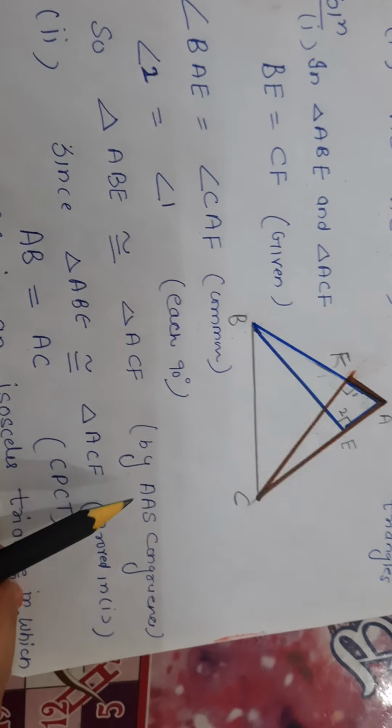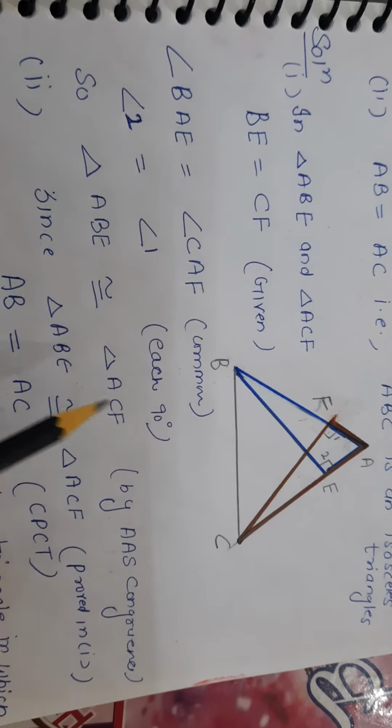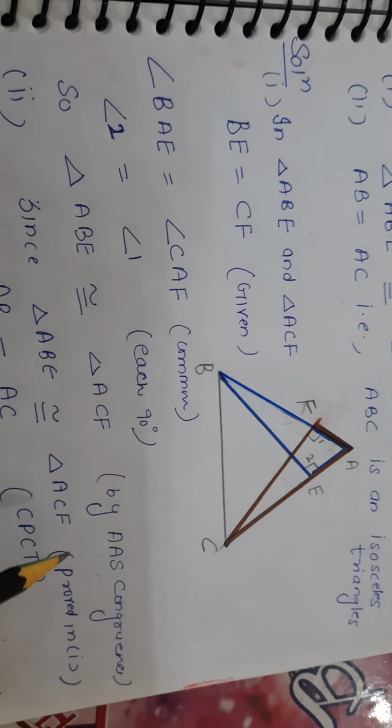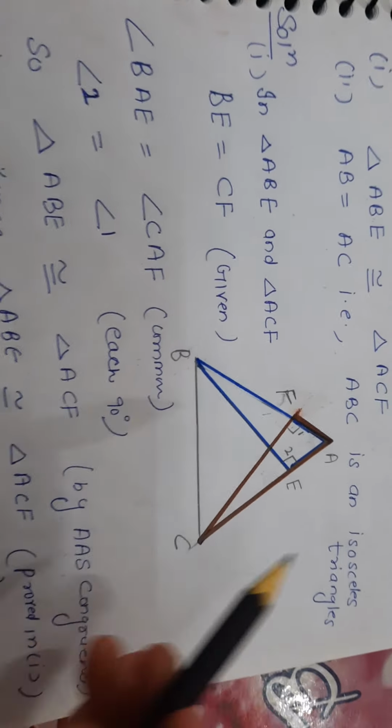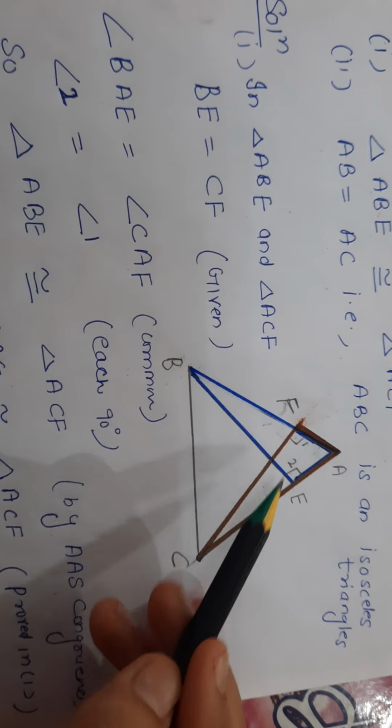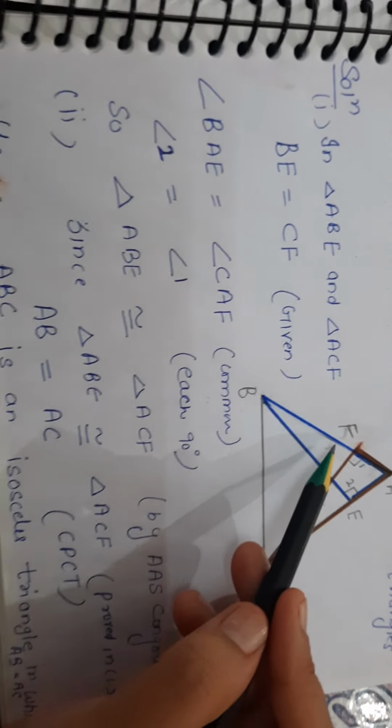By using angle, angle, side congruency, these two triangles are congruent. If these two triangles are congruent, by using CPCT, AC side must be equal to AB.